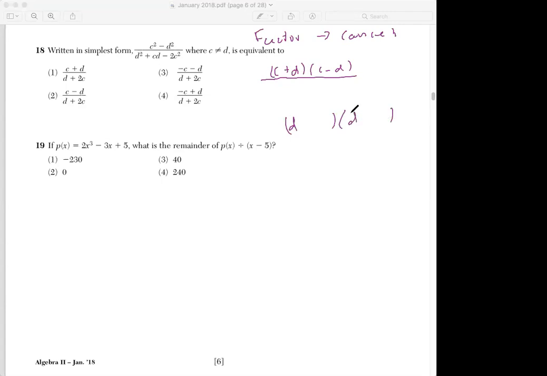D squared. I'm going to need a C in there. Plus 2C. So this should work. D plus 2C, just factoring the trinomial. D minus C.